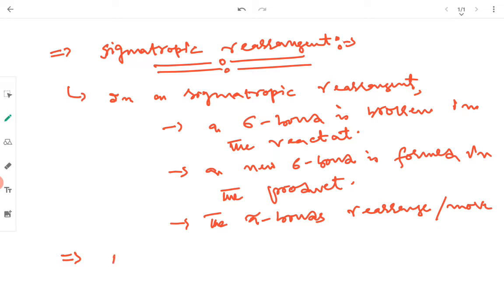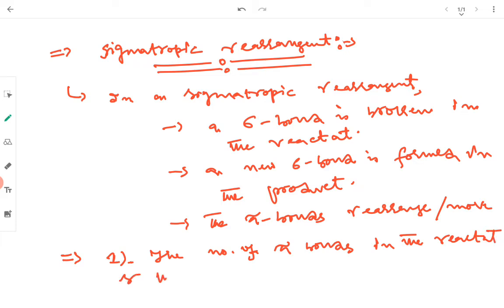Point number 1 is that the number of pi bonds in the reactant and the product remain the same.